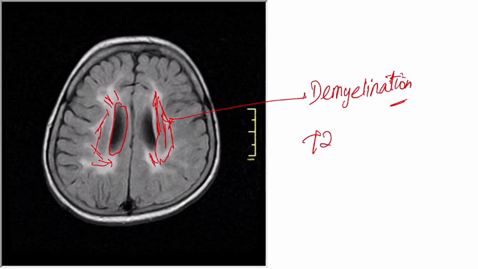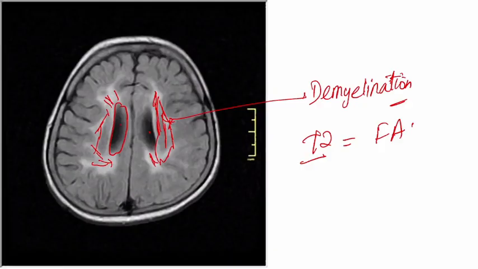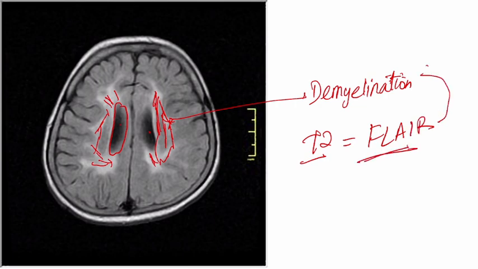It is seen on T2 weighted image, but this is FLAIR sequence because here we do not see the CSF. So it is a FLAIR image. We will see demyelination as hyperintense signal.